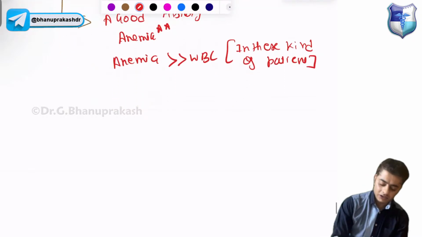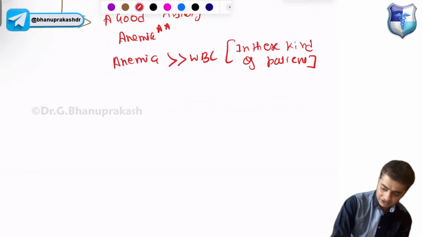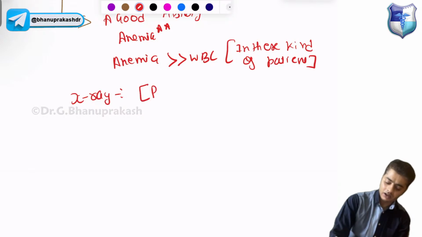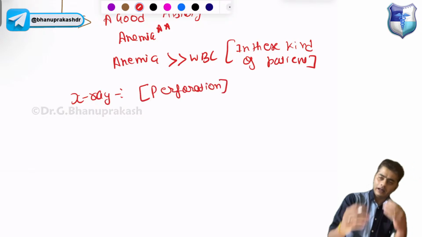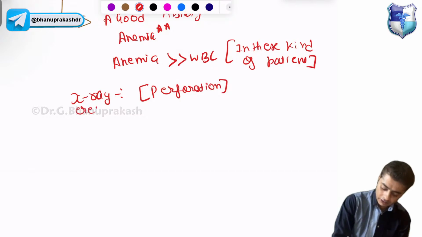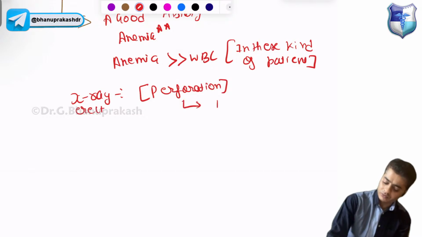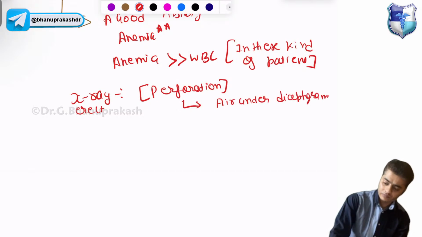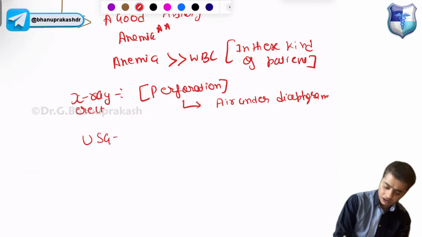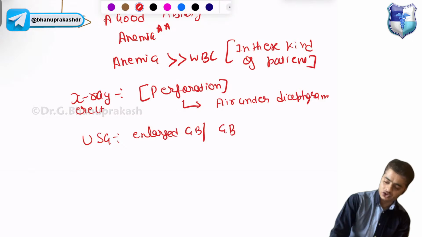Okay. And last but not the least, there are all your investigations. Like X-ray, in which you can see perforation, meaning air under the diaphragm. Other is your USG for enlarged gallbladder and gallstone.